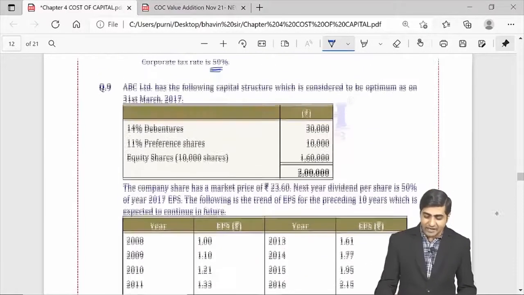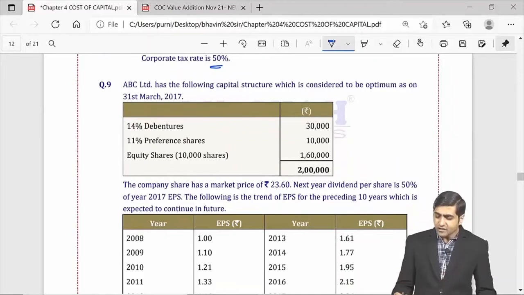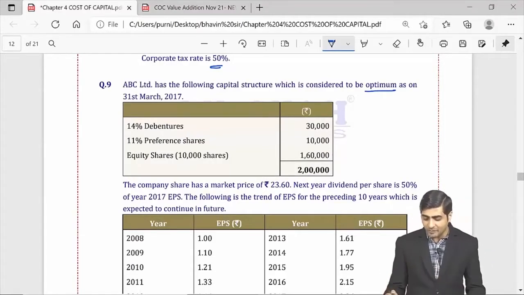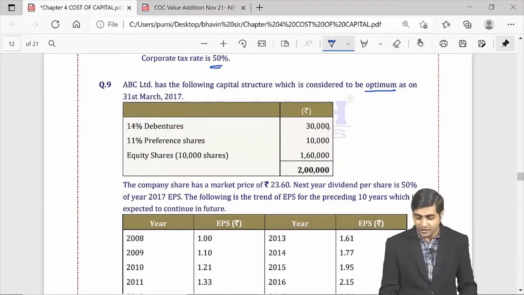Now in this question number 9, the question deals with optimum capital structure. So as you can check, what is the best or the optimum capital structure? Your debentures is 30,000. So it means your proportion of debentures is 0.15, your proportion of preference shares is 0.05, and your proportion of equity is 0.8.